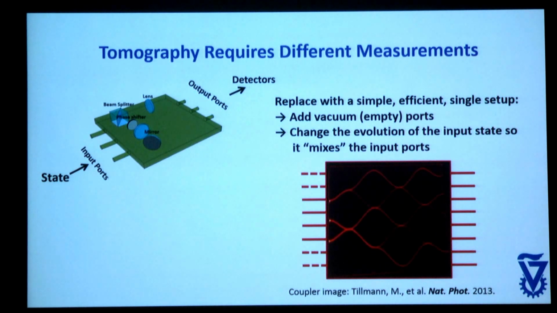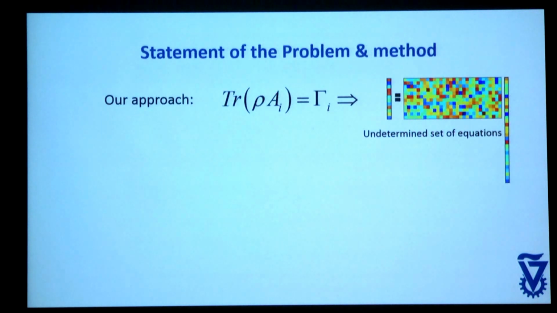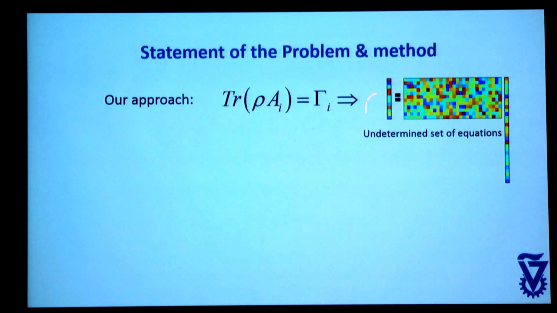And with these 3 ingredients, a density matrix, which has a sparse representation in an unknown basis, the vacuum ports, and the mixing evolution, we go to solve the following problem. So once again, we have linear measurements, but an underdetermined set of equations, since we're using only a single simple setup.